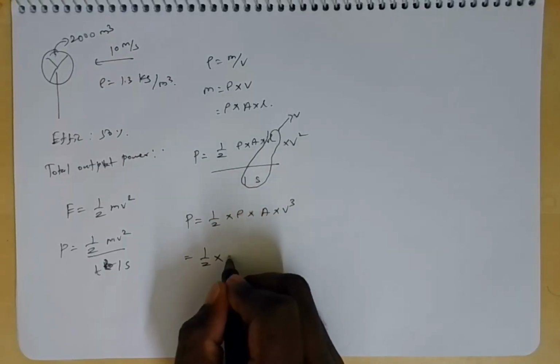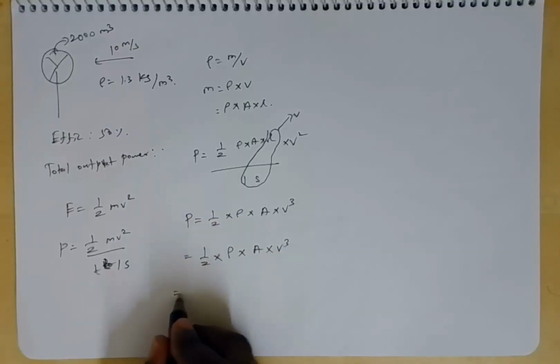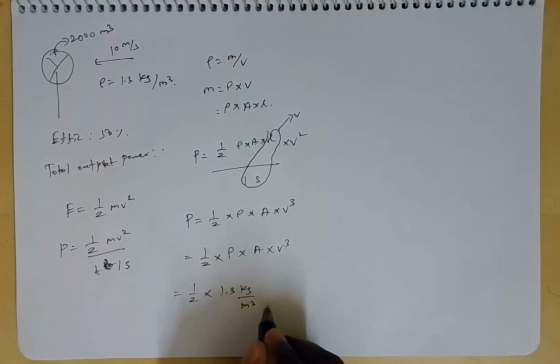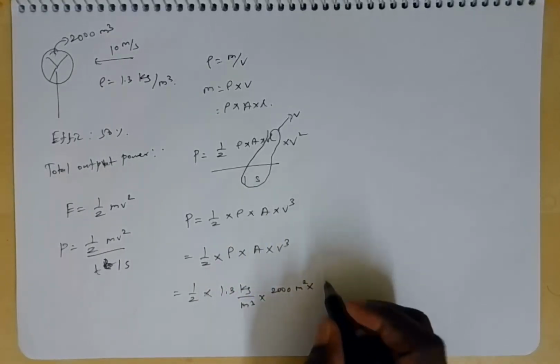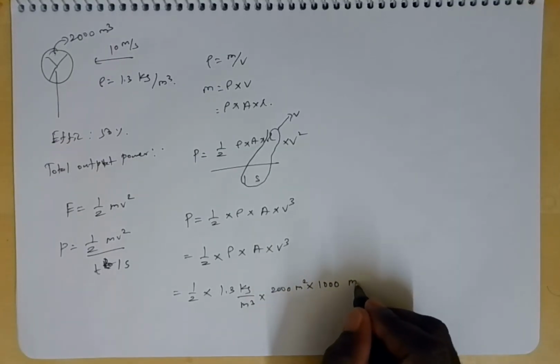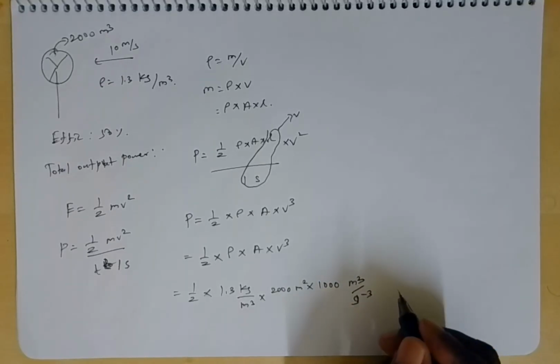So half into rho into area into velocity cube. Is it clear, sir? So it's velocity cube. So half into 1.3 kilogram per meter cube, multiplied by area 2000 meter square, into velocity cube. So 10 cube, which is 1000 meter cube per second power minus 3, right?